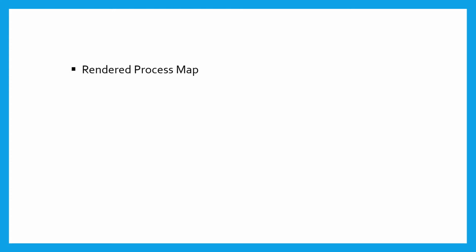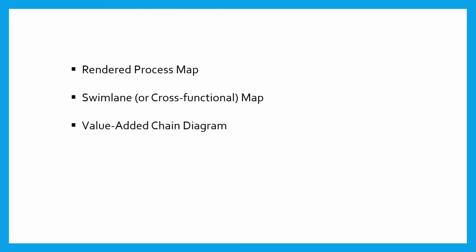Rendered process map. It represents the current state and or future state processes to show areas for process improvement. Streamline or cross-functional map. It separates out the sub-process responsibilities in the process. Value added chain diagram. Unconnected boxes that represent a very simplified version of a process for quick understanding.